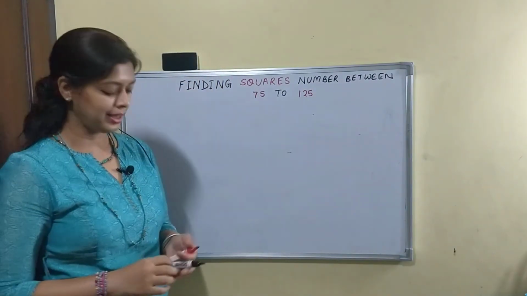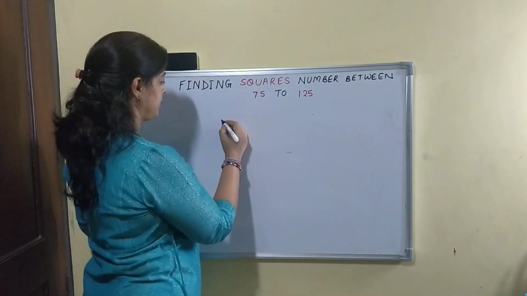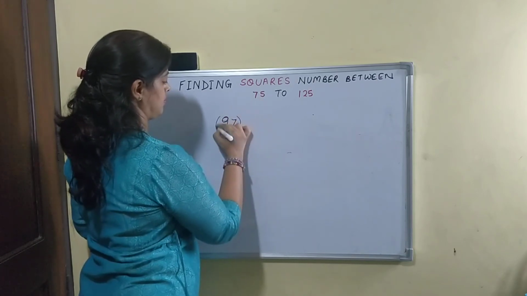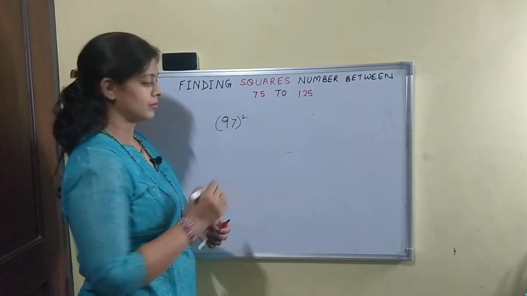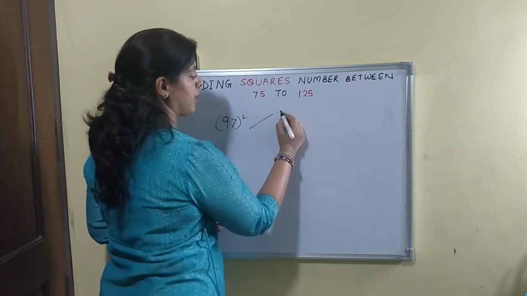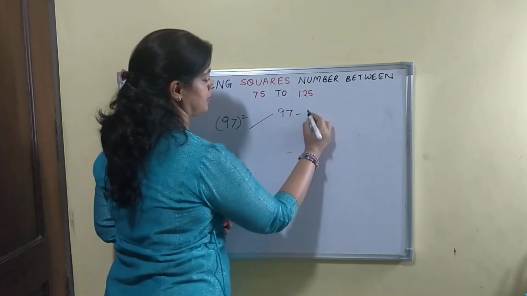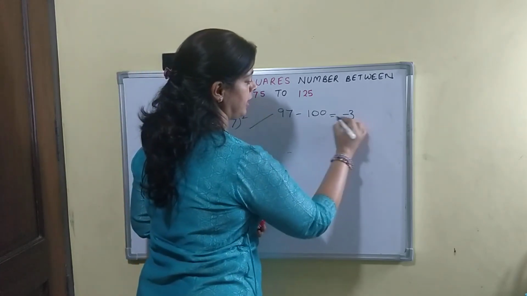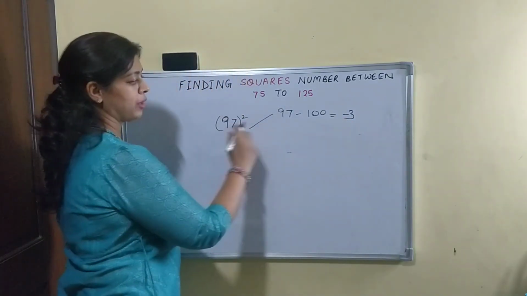One last example, I take the number 97. First step, subtract 100 from 97, which gives me minus 3. Add this back to my number.